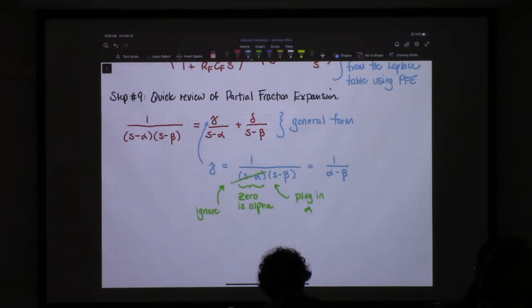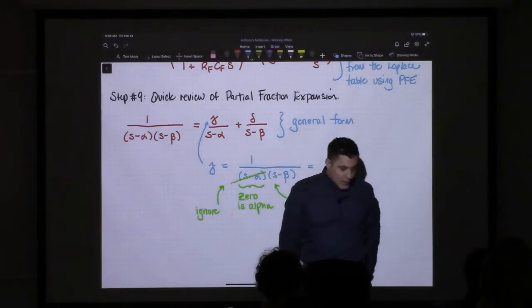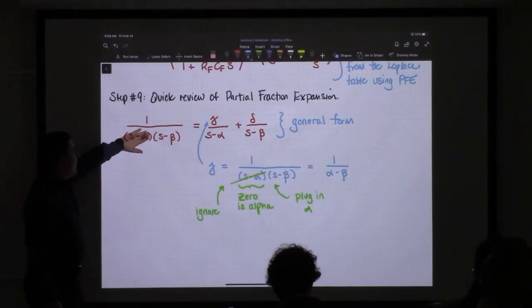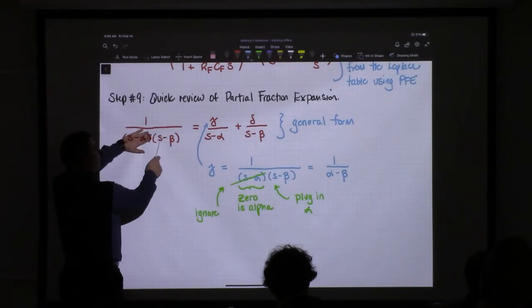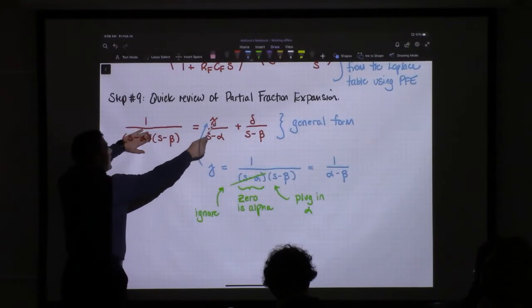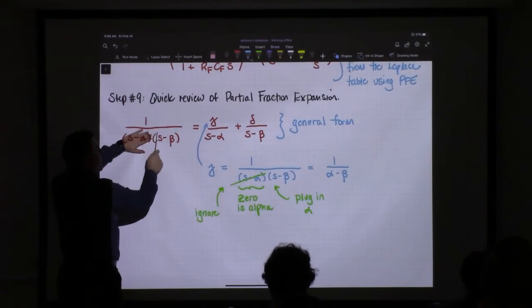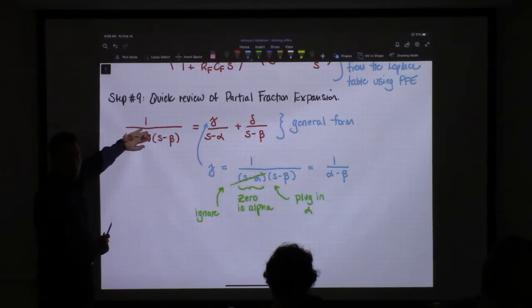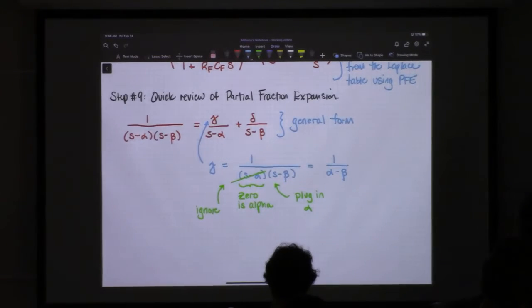One way of thinking about it is you almost cover it up with your hand, so you get rid of that part, and then you plug in the 0 associated with the coefficient you're looking for. So 1 over alpha minus beta, and that becomes what you put right there. Okay, next, let's try the one for delta.